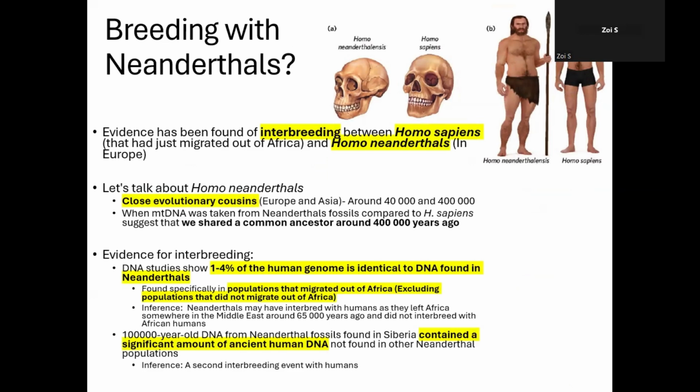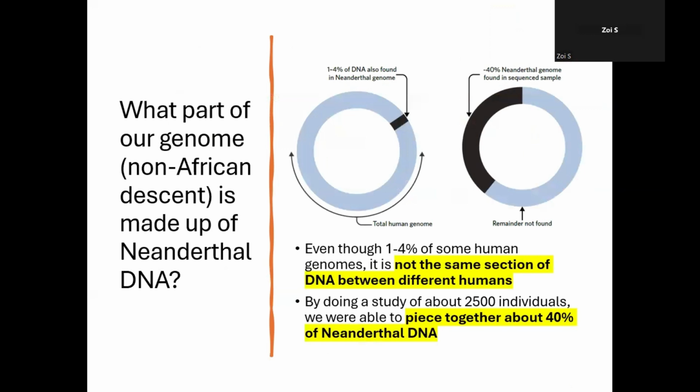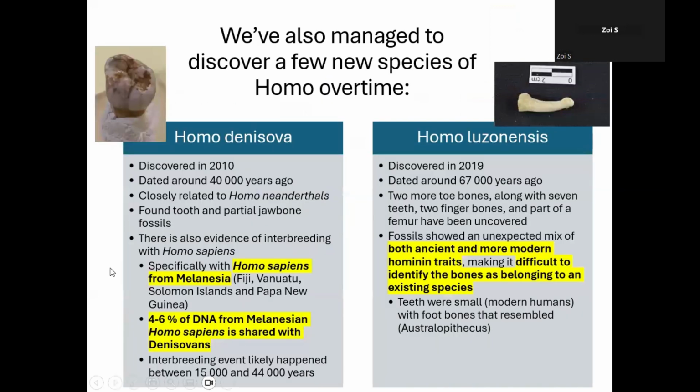But specifically, if we went to the region of Melanesia, we'll find that even 4 to 6% of their DNA is shared with Homo denisova, due to another interbreeding event. So there are these two interbreeding events that we found that have influenced the DNA sequence of modern Homo sapiens until today, based on these different species.